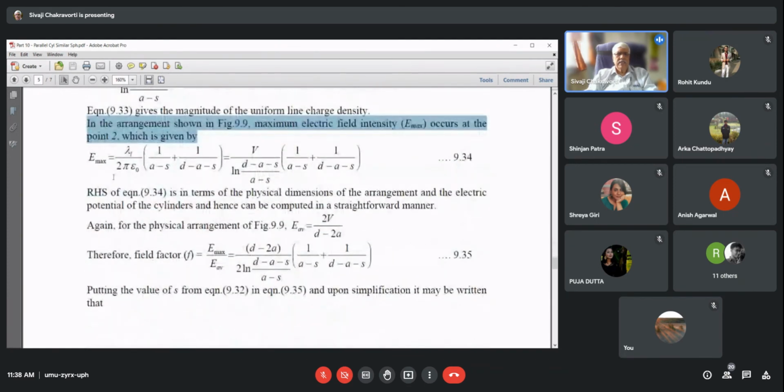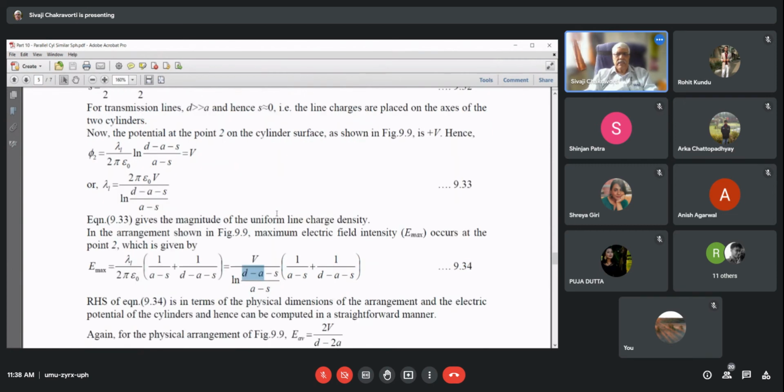For a line charge, we all know this is q by 2 pi epsilon r. And since the negative charge is there, we can write down the appropriate signs. This becomes 9.34. And now if I look at it, we can clearly see on the right hand side that this depends on the charge, potential V, then distance D, then the radius A, and the eccentricity S, which can be computed.